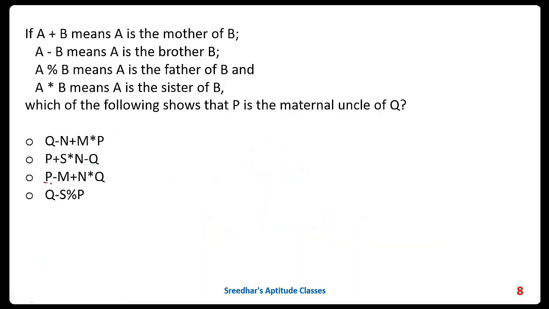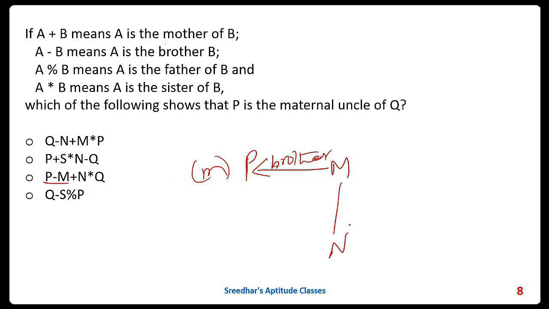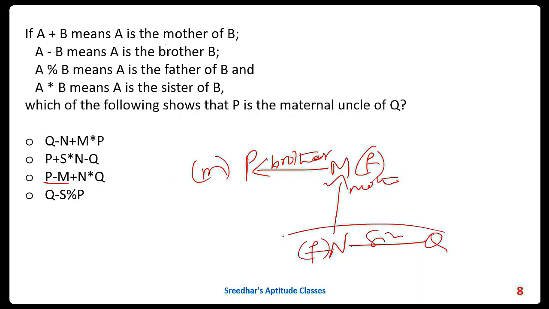Next, third, P minus M. P is the brother of M. So being a brother, male. Next, M plus N. In the sense, M is the mother of N. So being a mother, female. Now N star Q, that means N is the sister of Q. For N and Q, M is the mother.